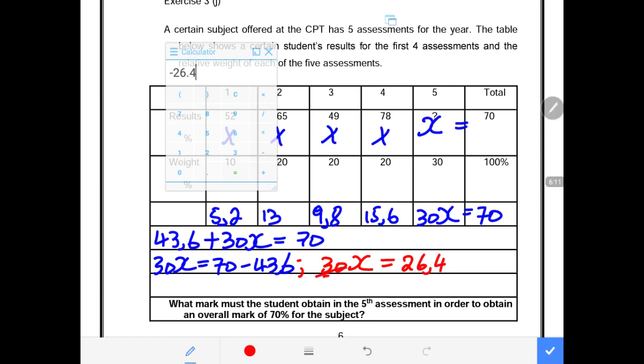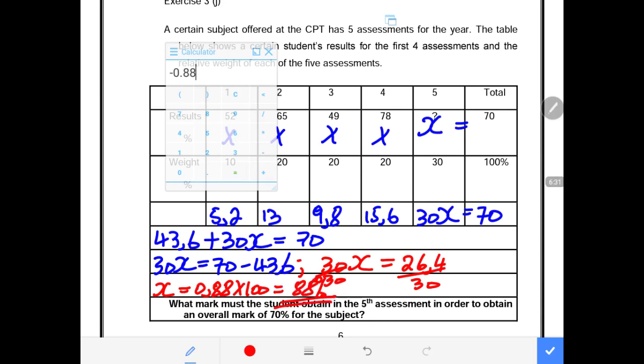Then 30 will be divided by 30. Whatever we do on the left, we do on the right. Then our x will be equal to, divide by 30 here, we get 0.88 times by 100, which becomes 88%.